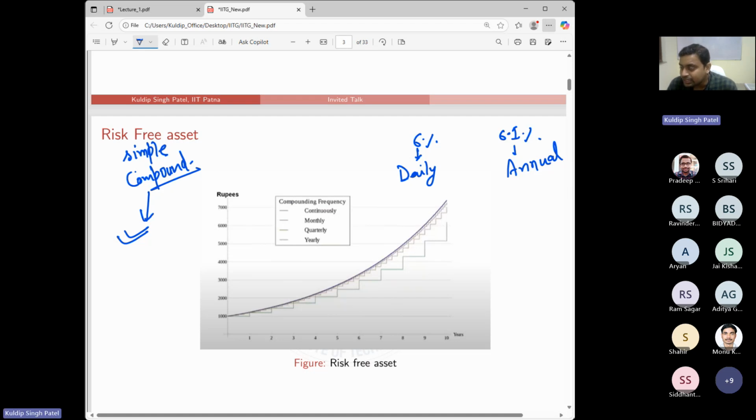That frequency matters, right? Because daily means, although here the interest rate is 6%, one day you'll get interest, now next day you'll get interest on interest, and the next day you'll get interest on interest, right? So I'll show you mathematically, with one example, that this might give you more value than this.